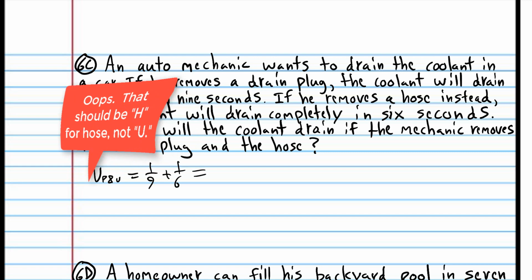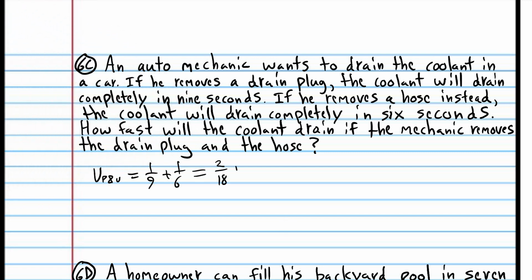Multiply, you get a common denominator, you get 2/18 plus 3/18 is 5/18, and that's the unit rate if you take the hose off and the drain plug. So that would be, I'm just going to say of a tank. There's some tank somewhere every second. So 5/18 of the tank is drained every second.